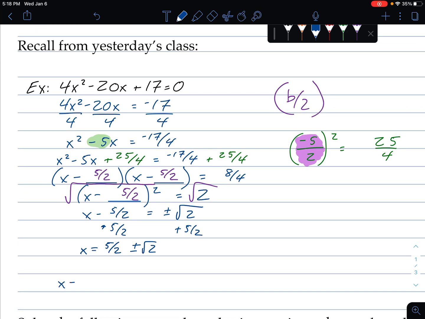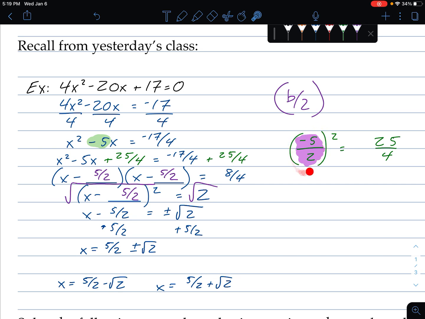In other words, x is equal to 5 over 2 minus radical 2, and x is equal to 5 over 2 plus radical 2. So the key here is when you have an odd number as your b value, divide that by 2, remember the number. When you square it, that's what you're going to add to both sides.